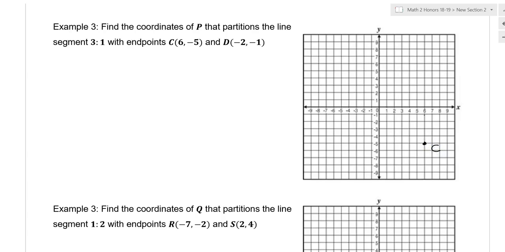We have to be very careful because this is our starting point. And then D is -2, -1, that's our ending point. These line segments do have direction, and whichever one comes first, you have to start at.